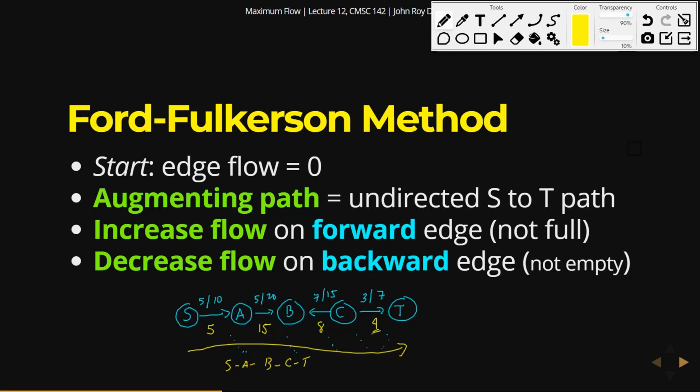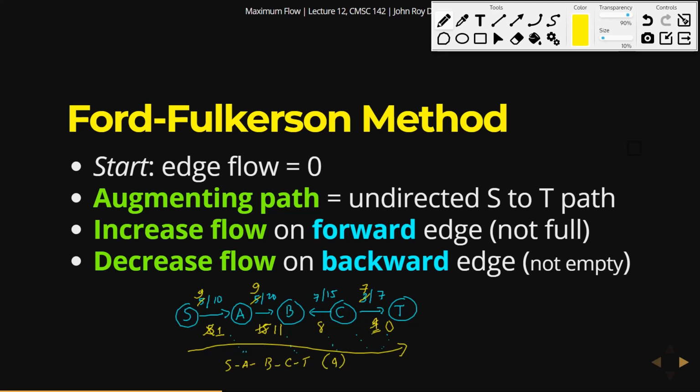If we send a flow of size 4 here, then this would become 9, this would become 9 as well, and this would become 7 already. So let's update their current capacity. This would now be equal to 1 free capacity, this one would have 11, and this one would have 0.